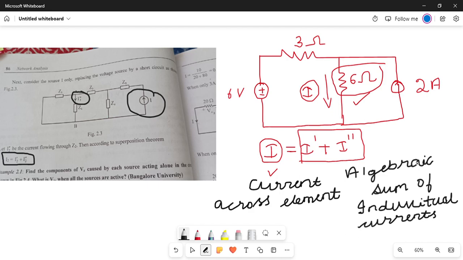Individual currents, that is, flowing across any element. Yeah, flowing across the element. You need to understand that.